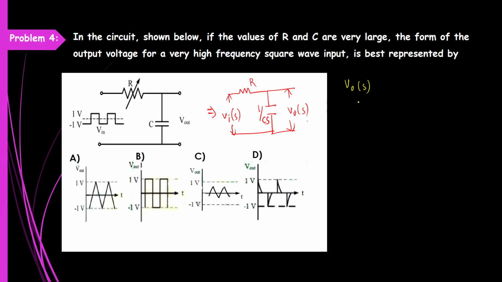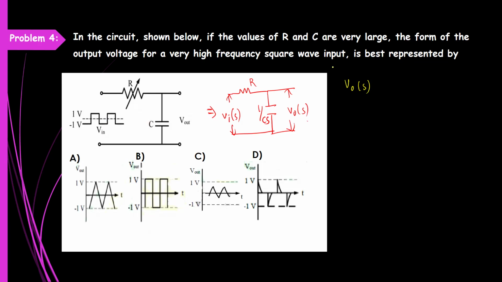So how can we find V naught of S? V naught of S is the voltage across the capacitance. Okay. So if you want to find the voltage across any passive element, we can use the voltage division rule because we have the input supply voltage. By using that, we can find the output voltage.